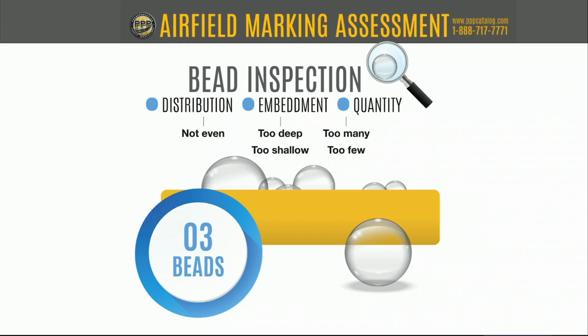And then, of course, the quantity. Are there too many beads? A lot of people think, well, if one handful is good, two handfuls must be better, and that's absolutely not true. But you also have the situation with too few. I have a couple of notes here. When it comes to retroreflectivity, it's all about the beads.